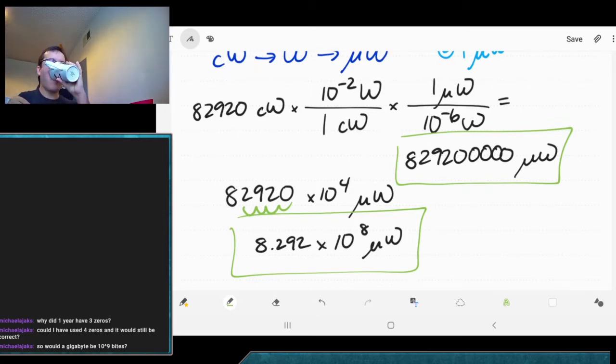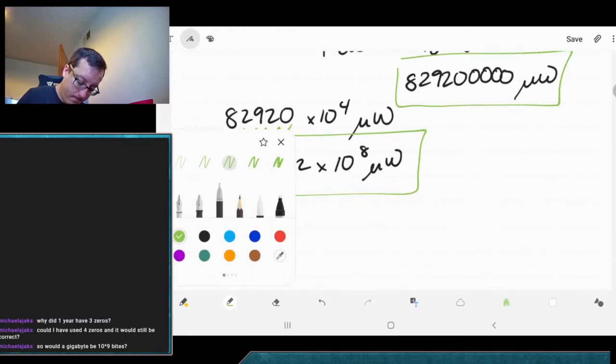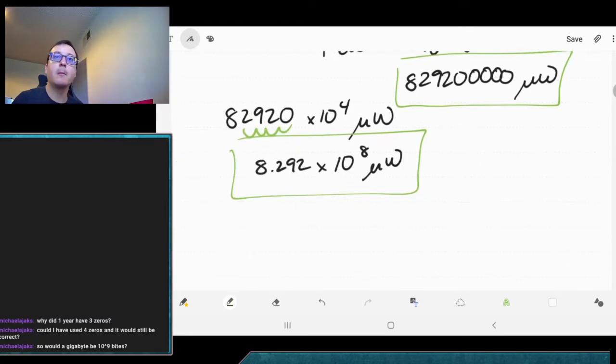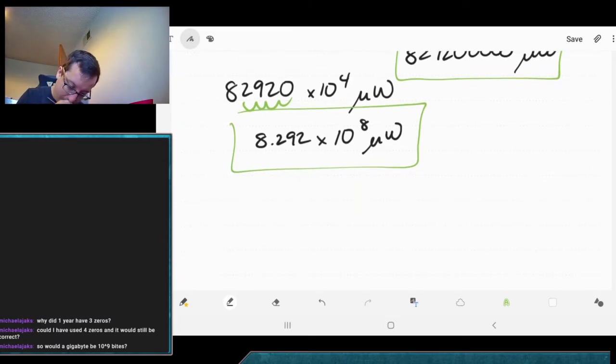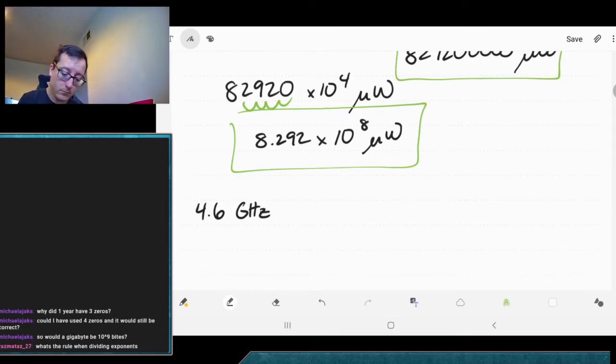All right. Let's go ahead. Let's do another one. Let's take our 4.6 gigahertz. So, what's the rule in dividing exponents?